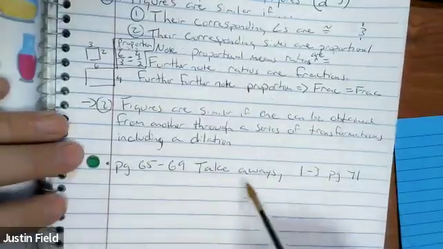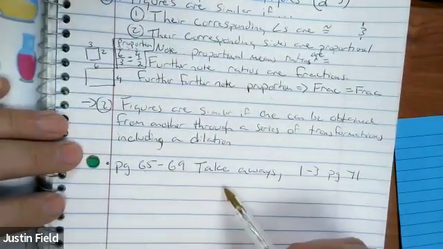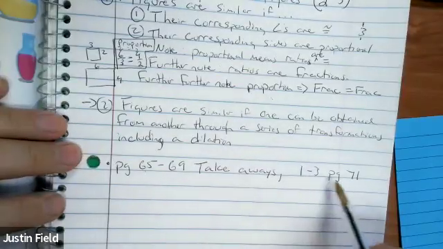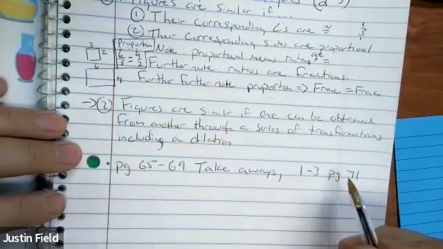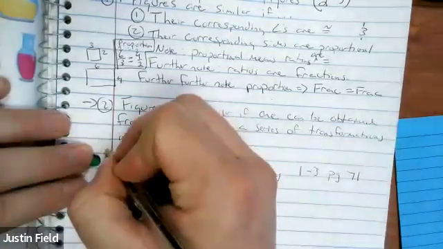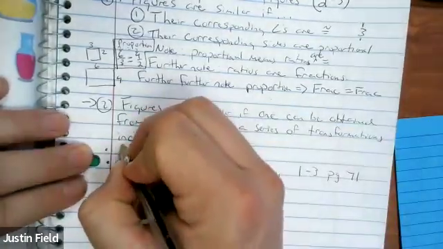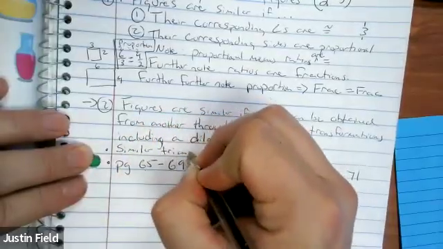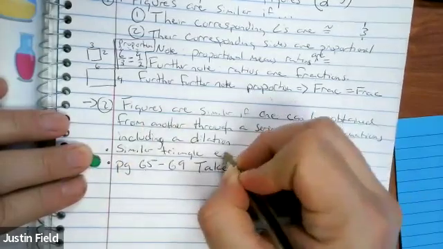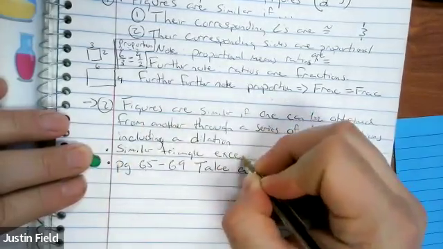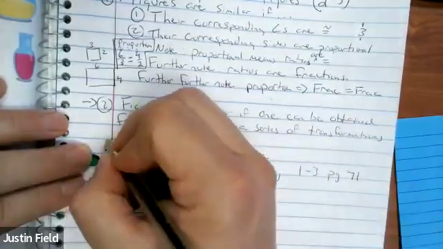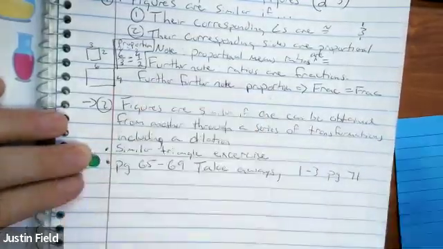We're going to look through them and write down some takeaways, and then we are going to do questions 1, 2, and 3 on page 71. And actually, I should say, let's do a similar triangle exercise. All right, so these are the things we are going to do right now.